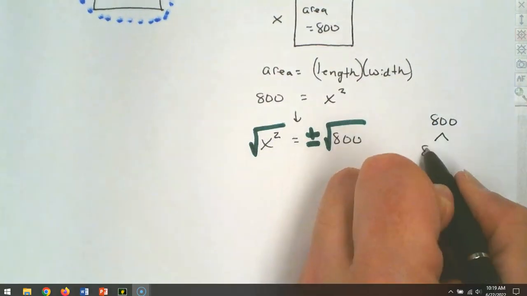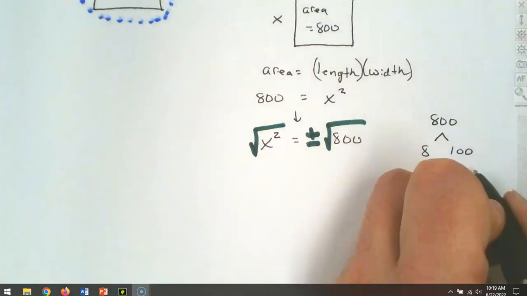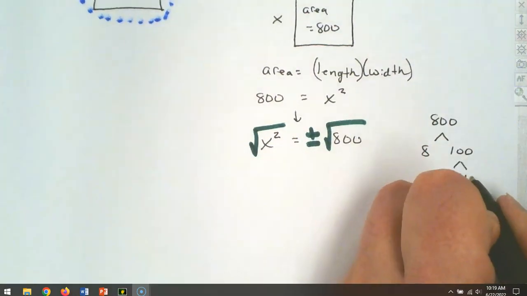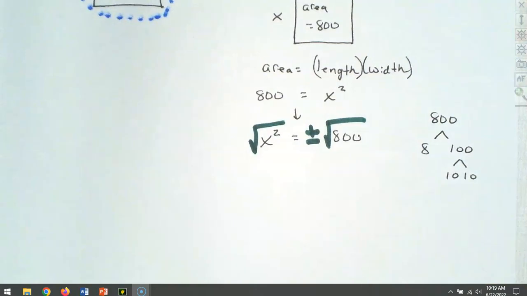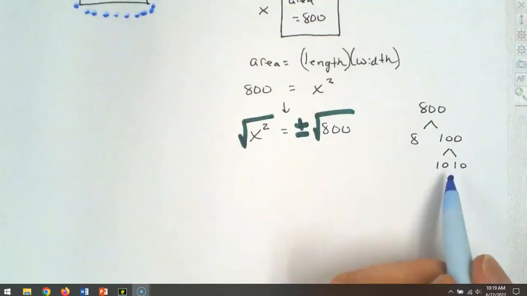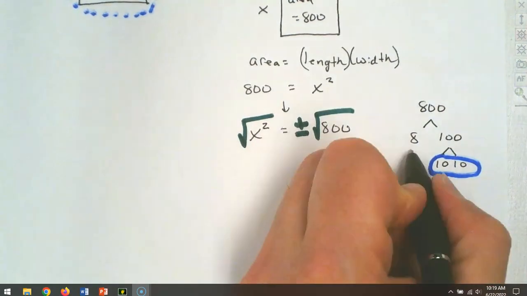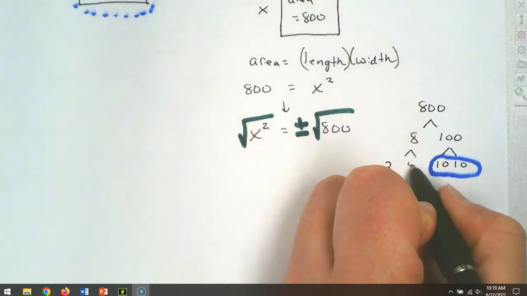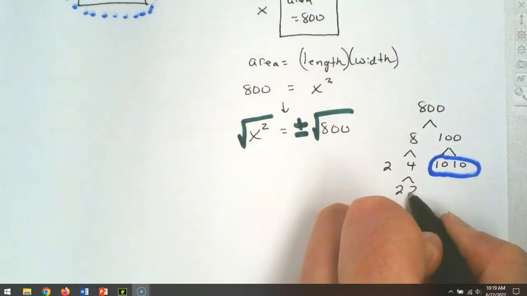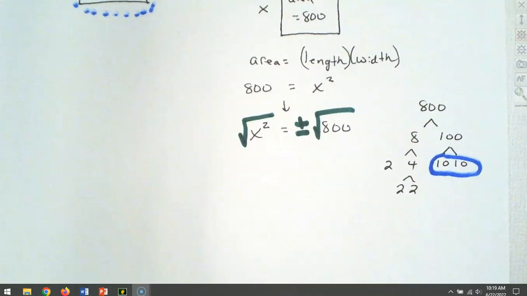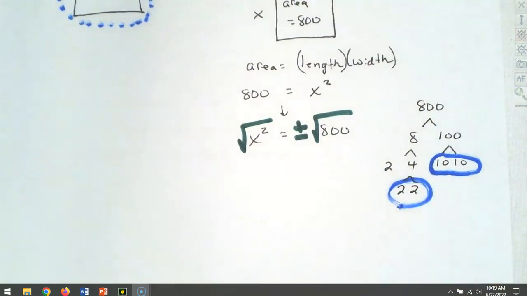So that's going to be 8 and 100, and we know that 100 is a perfect square of 10 and 10. So that makes that a little bit easier. So there's part of it. What about the 8? The 8's going to break down more. 8 breaks down into 2 and 4, and 2 and 2. So there's another pair that comes out.